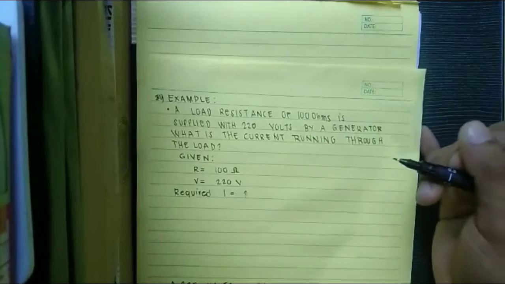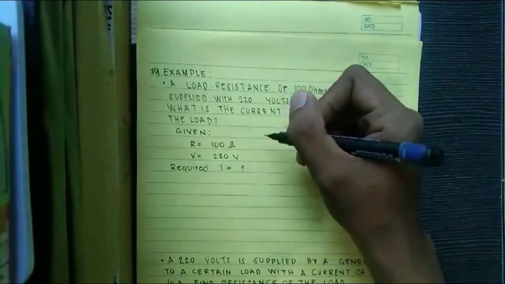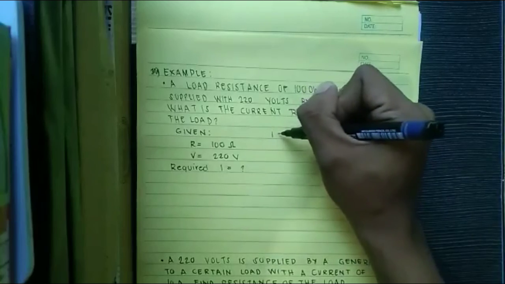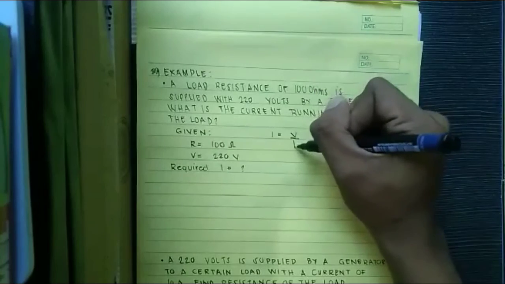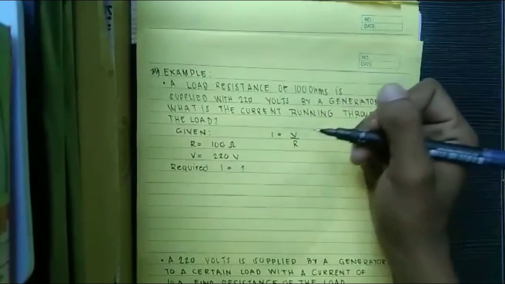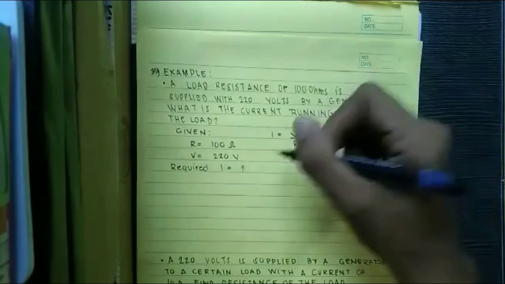So, ang gagamitin nating formula ay by the Ohm's law, I is equals to V over R to get the current. And then, substitute lang natin yung mga value.